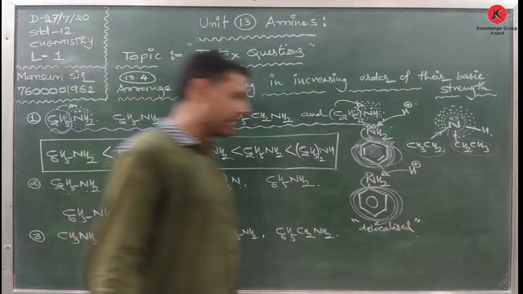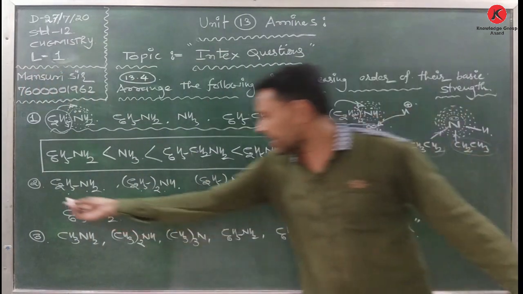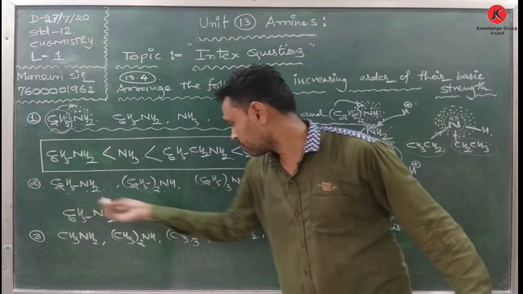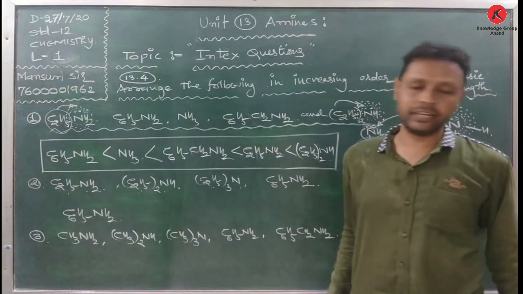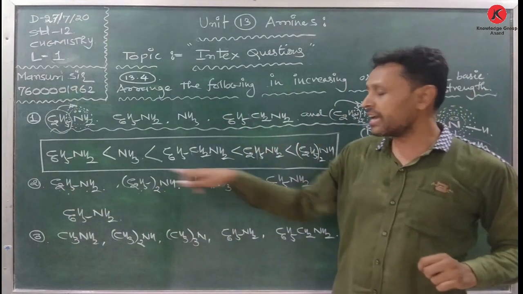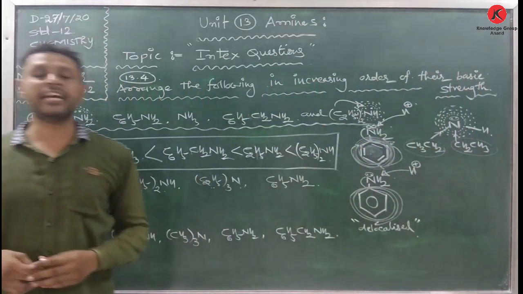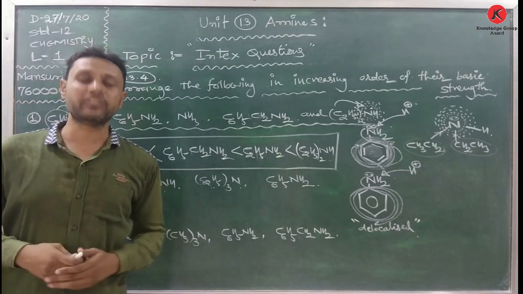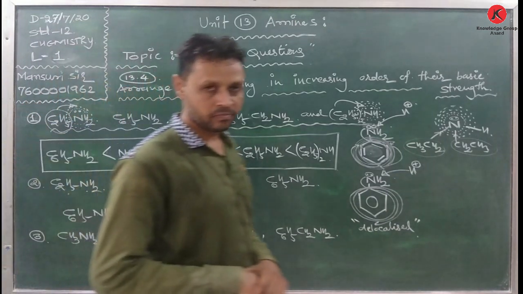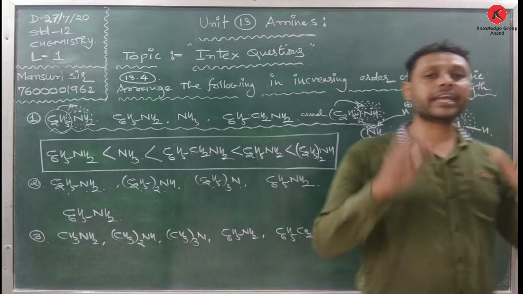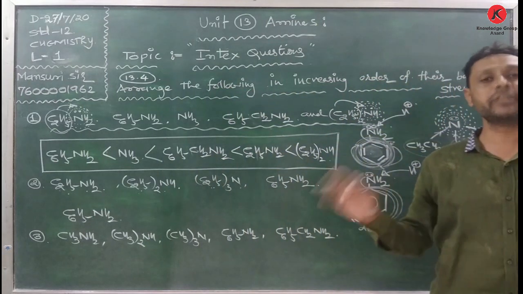Now you know very well that here we have alkyl groups, ethyl, two ethyl and three ethyl. When ethyl groups are attached to nitrogen, there are two effects here. One is inductive effect and second is steric hindrance.